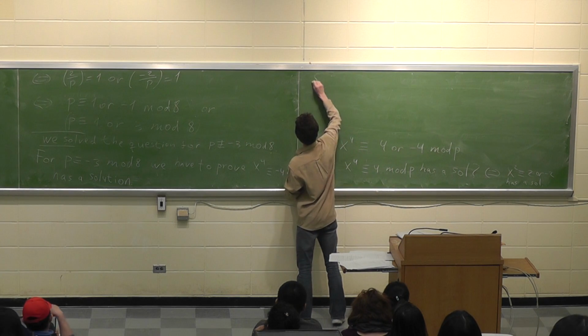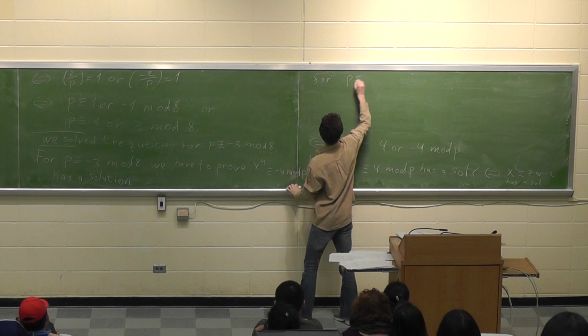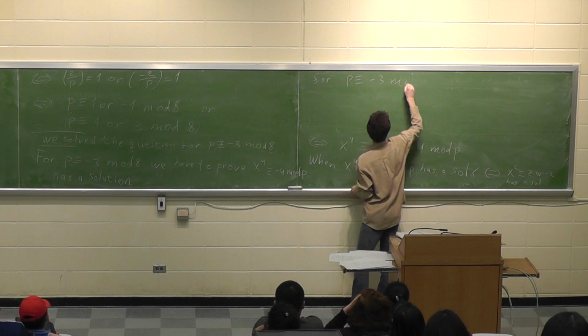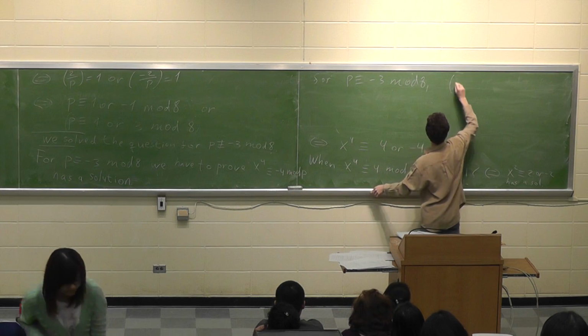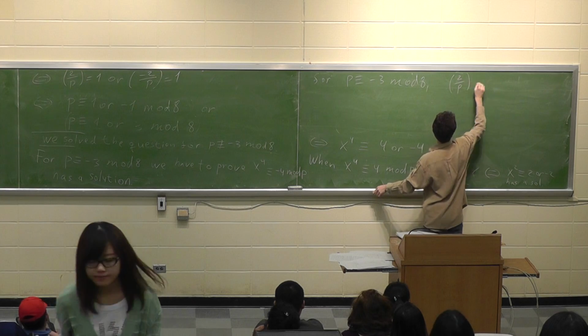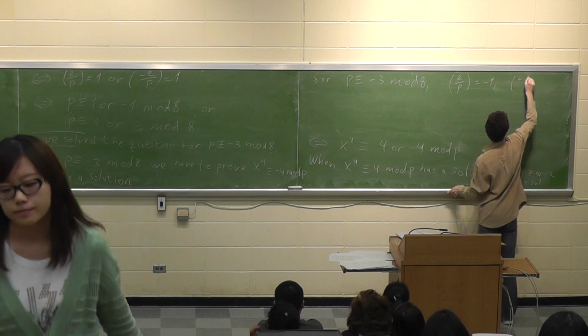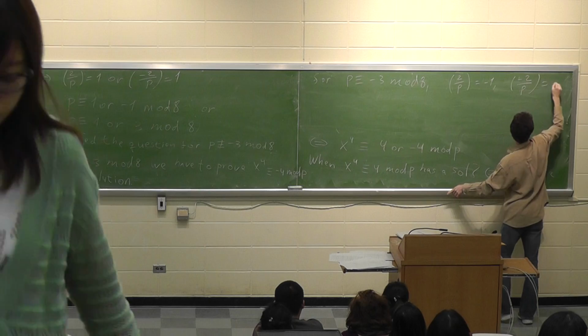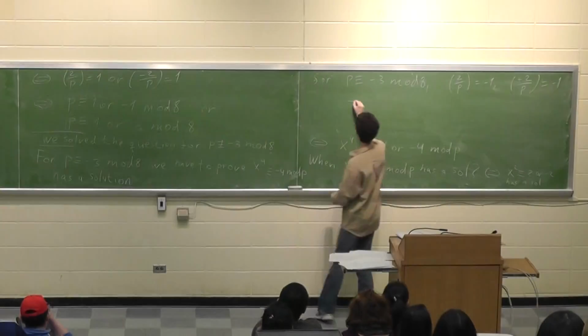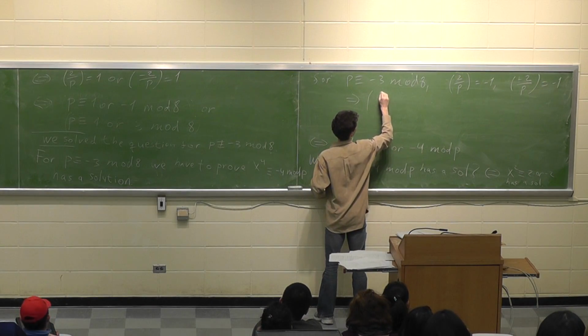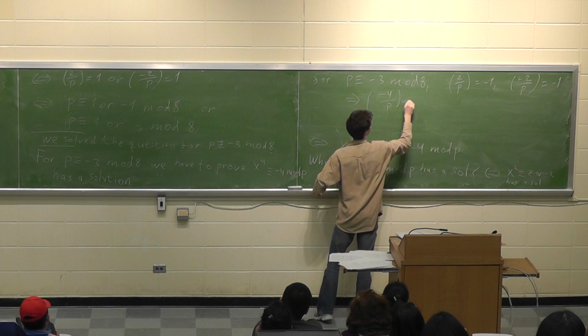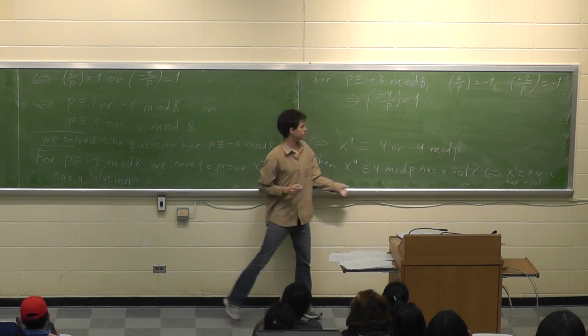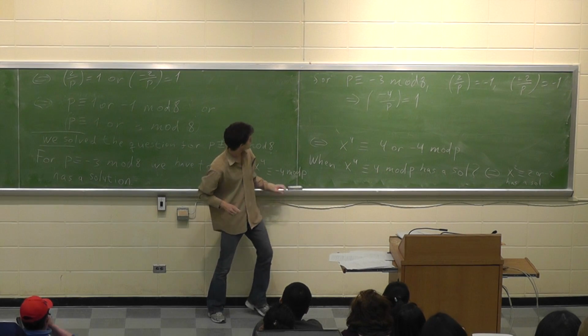So for p congruent to minus 3 modulo 8, we decided that both 2 over p is minus 1 and minus 2 over p is minus 1. This means that minus 4 over p is actually 1. Okay, that's a good observation.